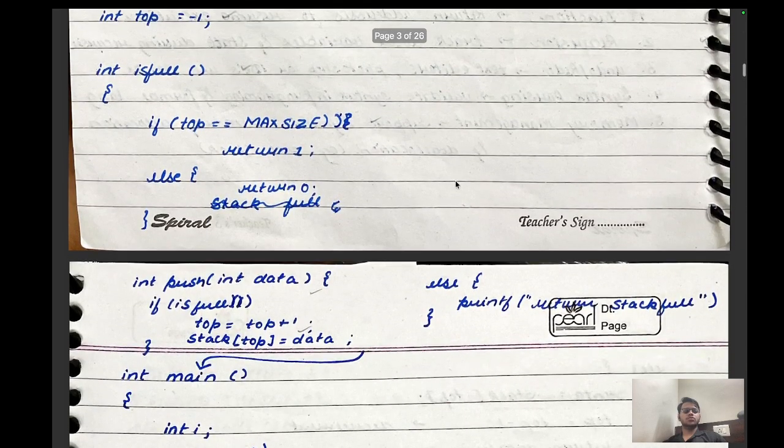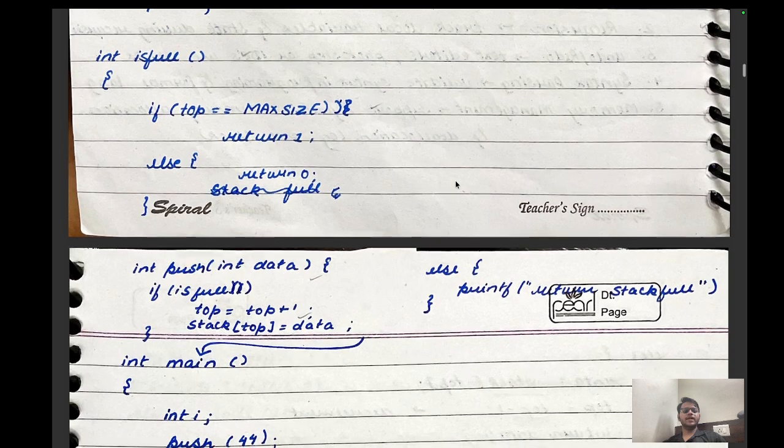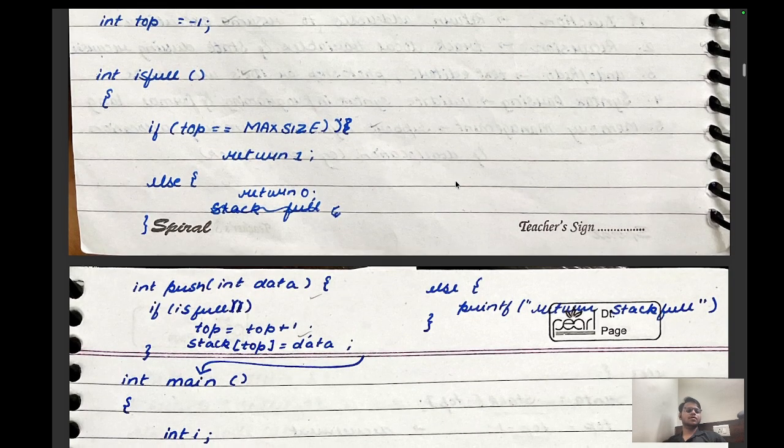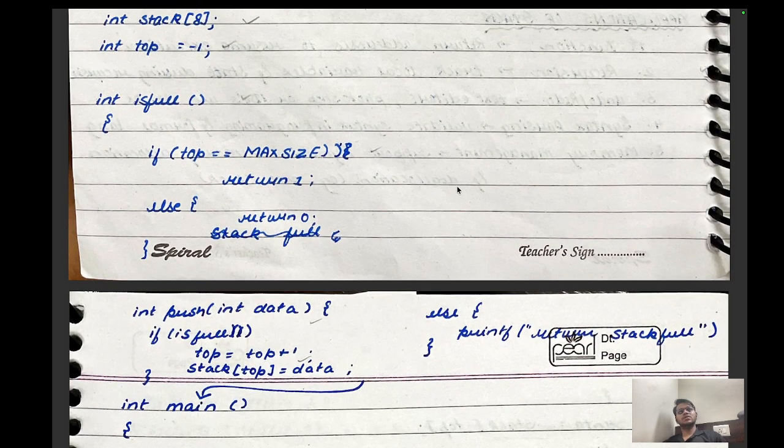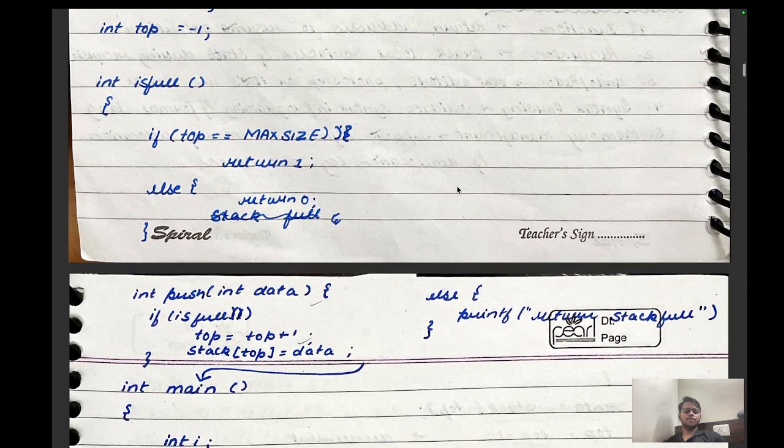Yeah. So we have the operation int is_full. The int basically means that you are going to get the result as an integer only, not a string or anything like that. So is_full returns whether your stack is full or not.